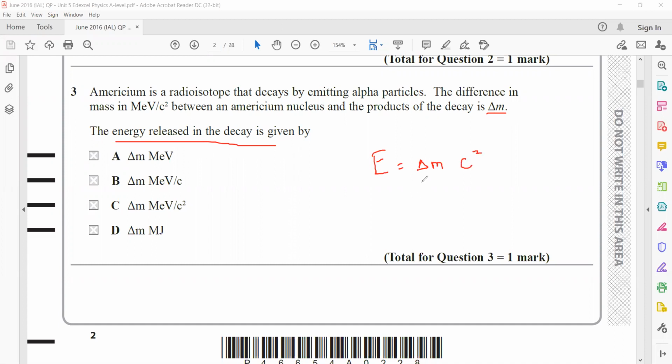So the mass is delta M, and that is in mega electron volt per c square, and this is multiplied by c square, so c square will cancel with c square, so we are left with delta M MeV. That will be the energy released when this mass changes into energy.